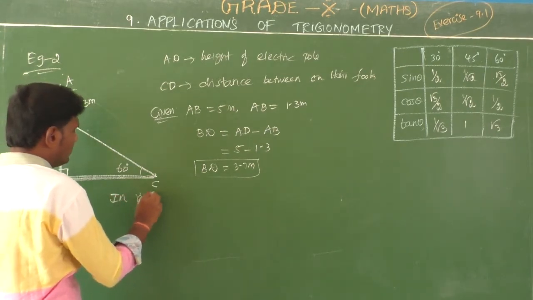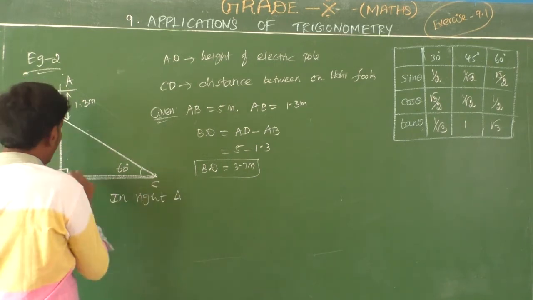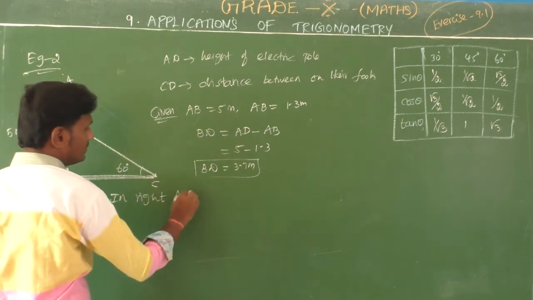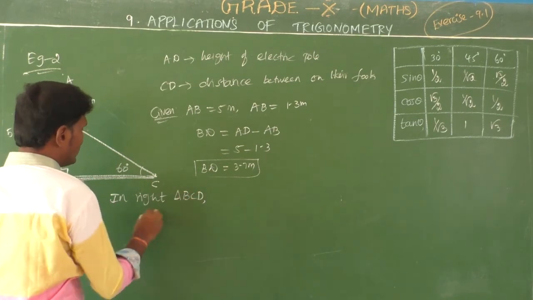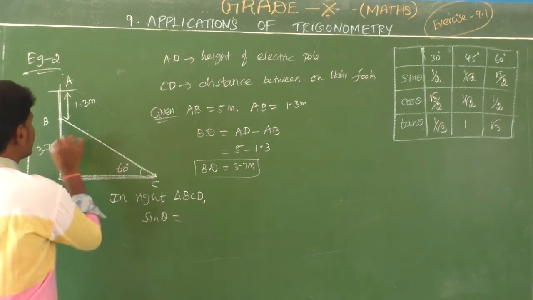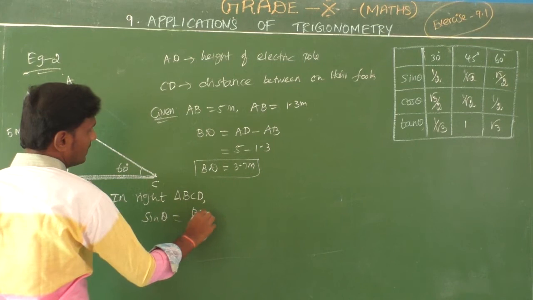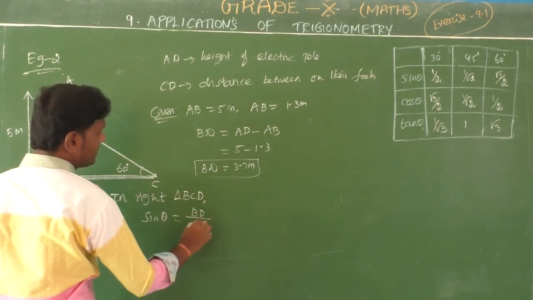In right triangle BCD, I am going to take sin theta equal to opposite side by hypotenuse. So opposite side is BD and hypotenuse is BC.